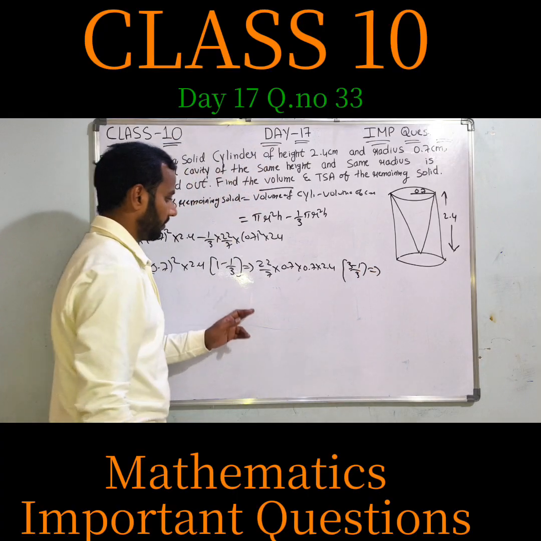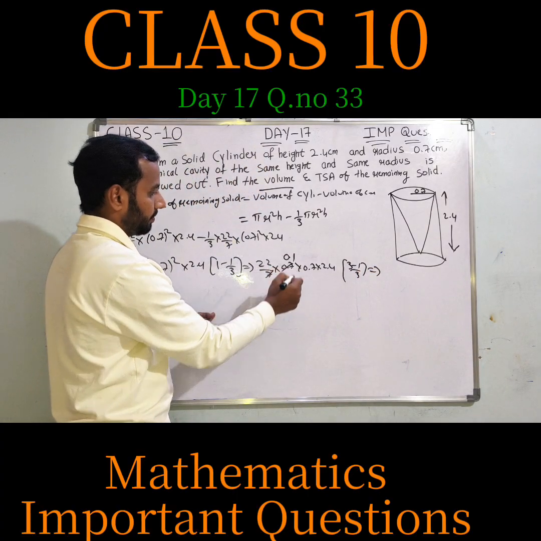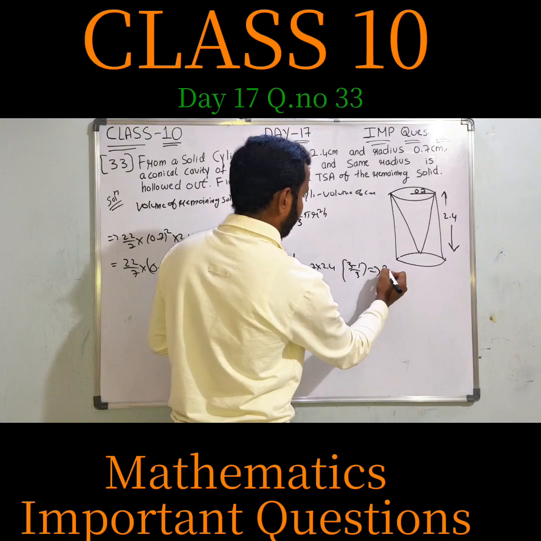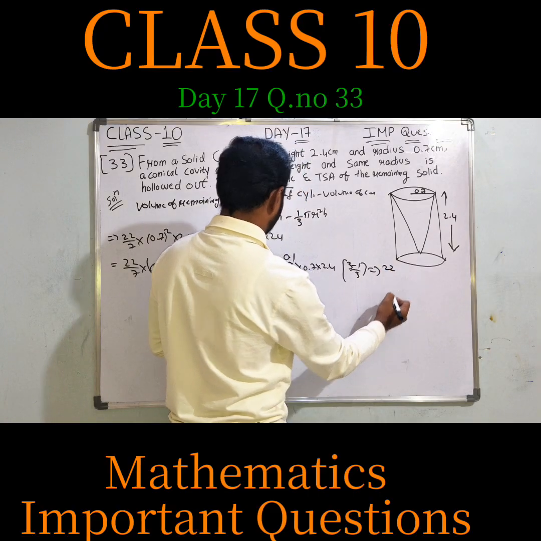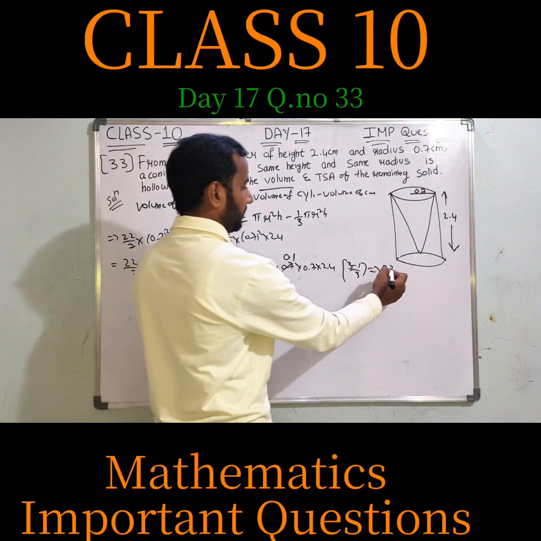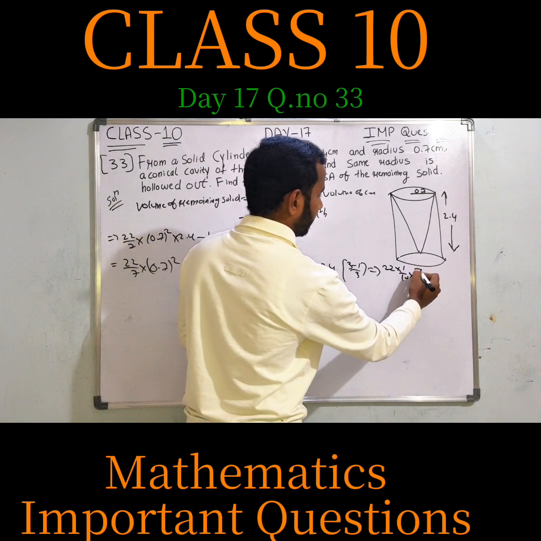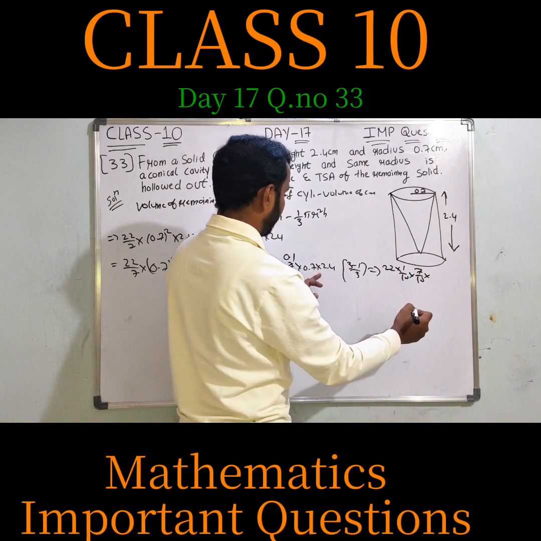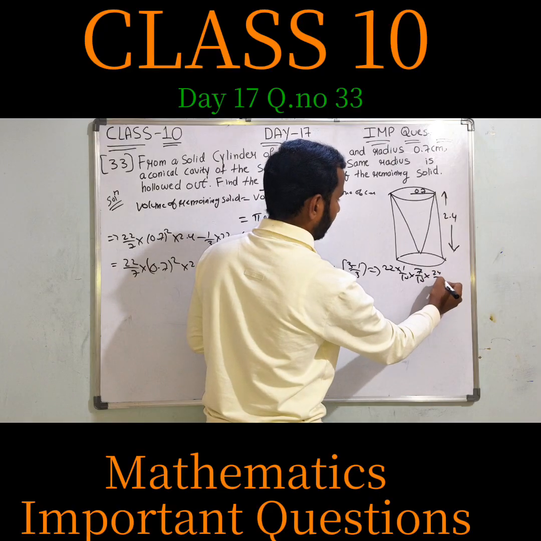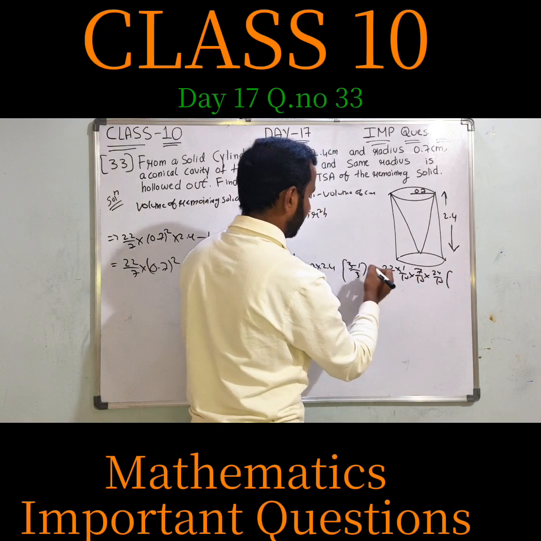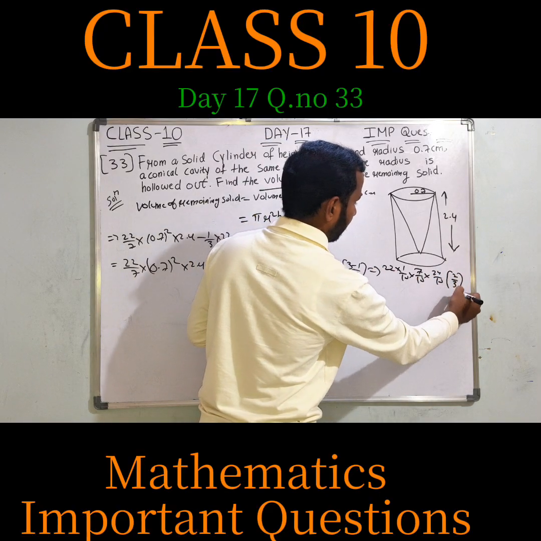Now 7 ones are 7. Left with 22 into 0.1, which can be written as 1 by 10. 0.7 can be written as 7 by 10. Now 2.4 can be written as 24 by 10. Left with 3 minus 1 is 2 by 3.